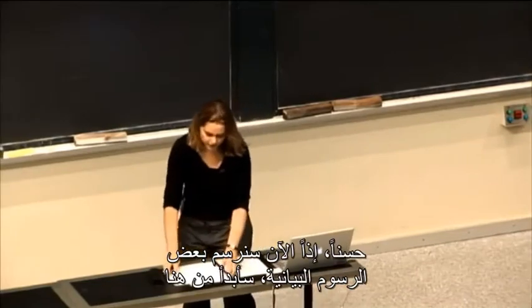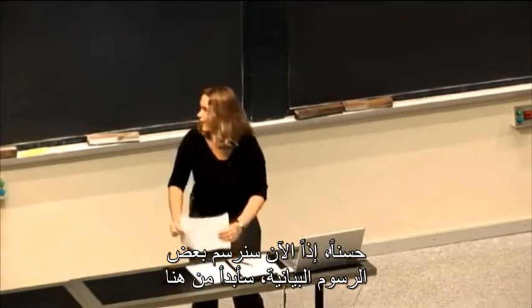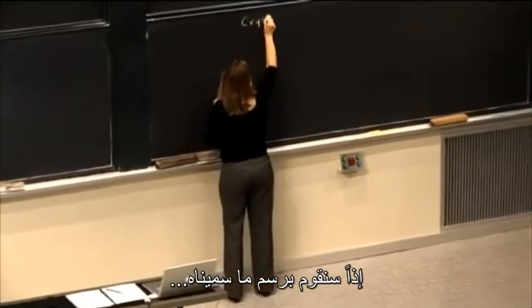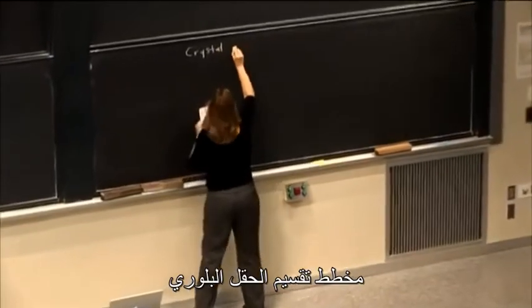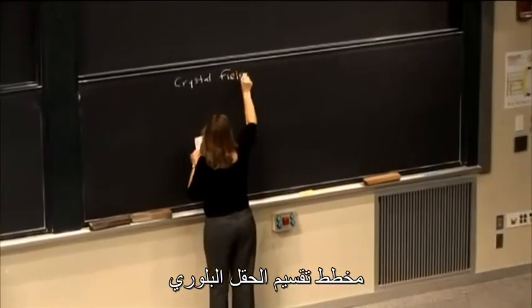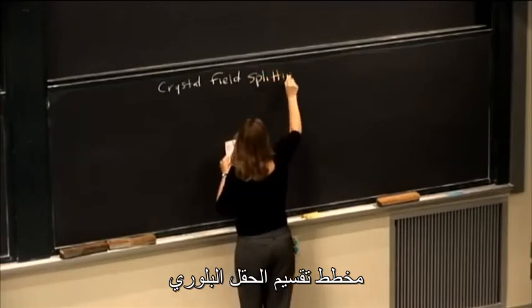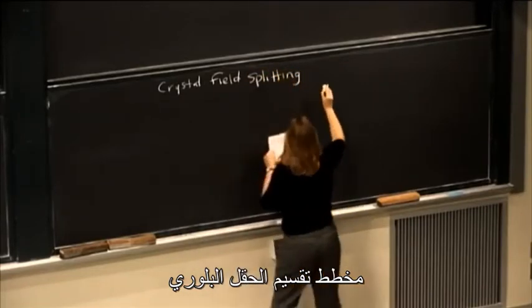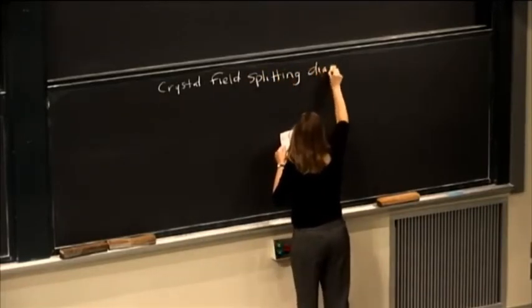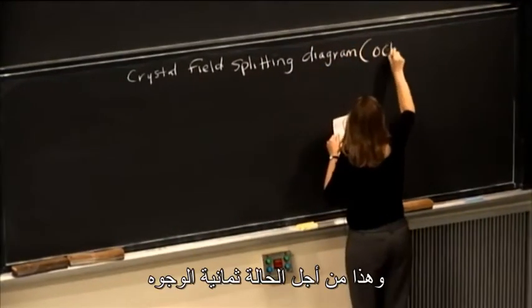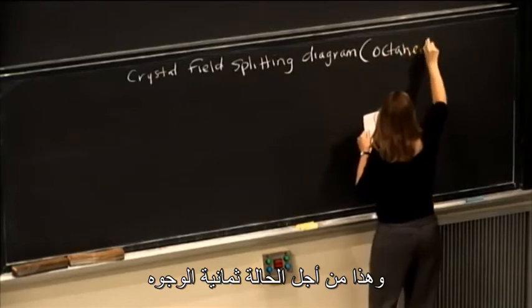Okay, so now we're going to draw some diagrams. I'm going to start over here. So we're going to draw what's called a crystal field splitting diagram. And this is for an octahedral case.